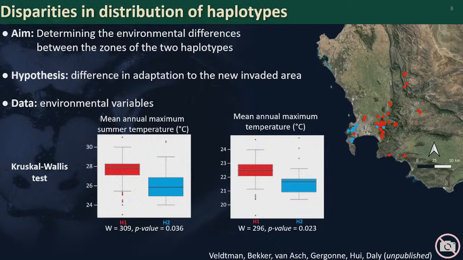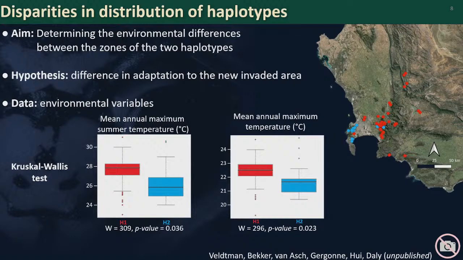One of the results is that they found a difference in the temperature where haplotype 1, the red, and haplotype 2, the blue, occurred. Haplotype 1 seems to live in a hotter region than haplotype 2. So it is quite possible that haplotype 1 comes from a gene pool more adapted to the hot temperatures of the summer in South Africa.